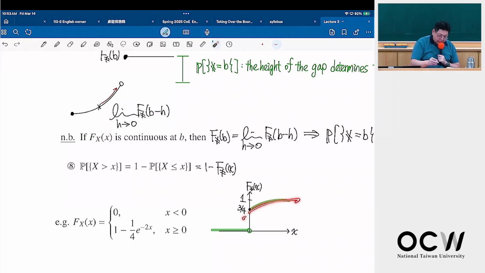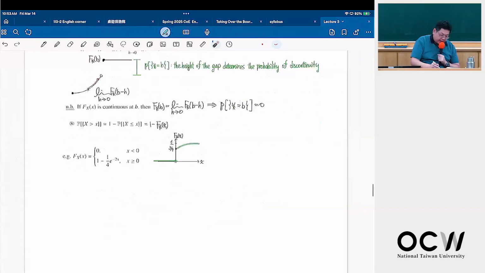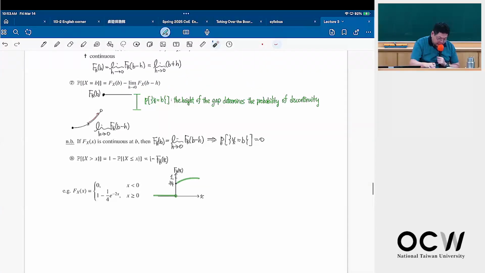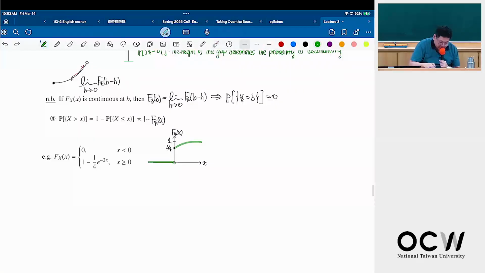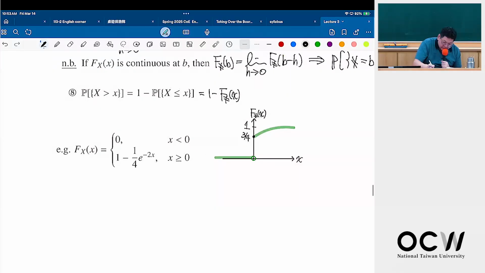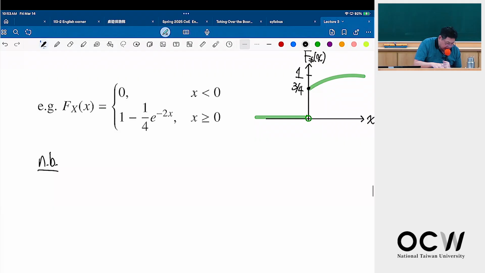Well, why this trend? Let's see, for e to the minus x, we need to know what e to the minus x looks like in this case.